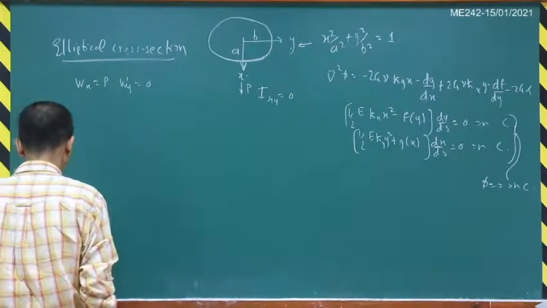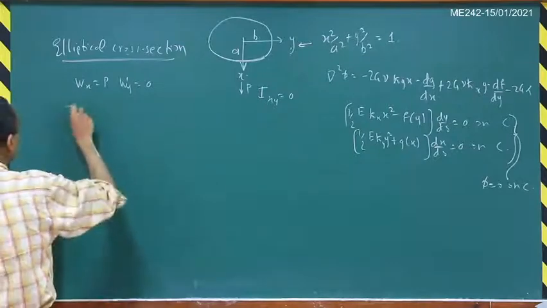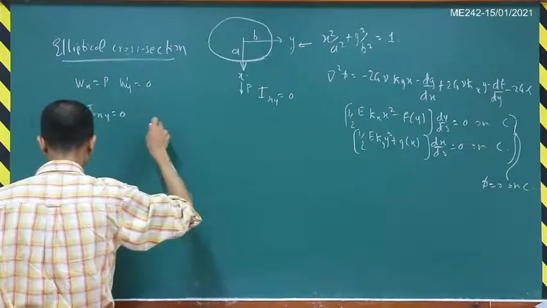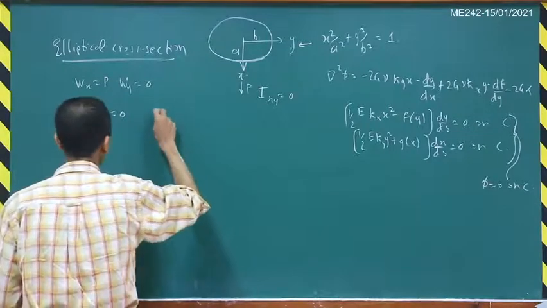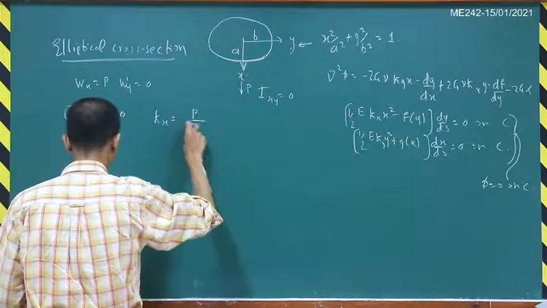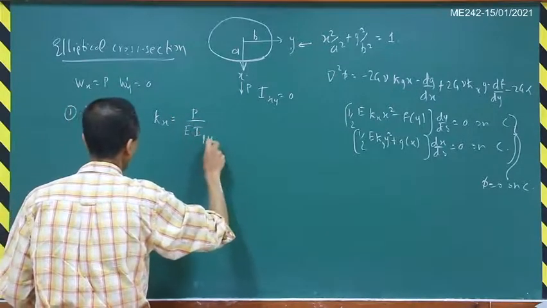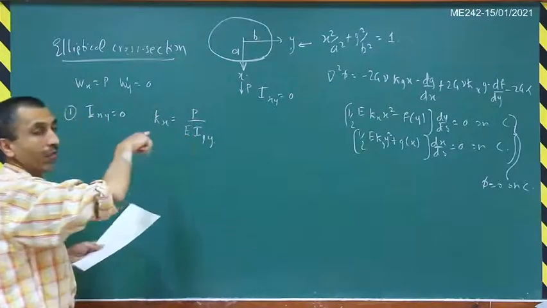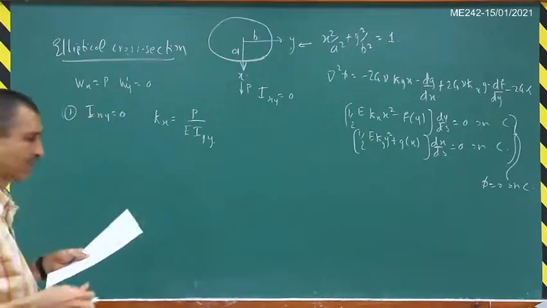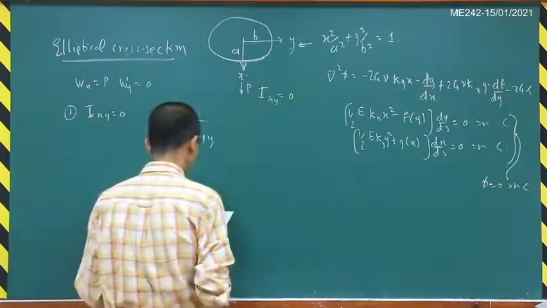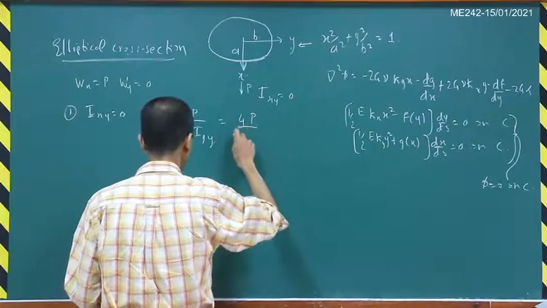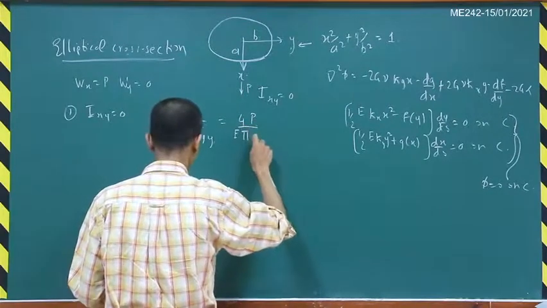So since Ixy is equal to 0, you will get that kappa x is equal to P divided by E times Iyy. So go back to the formula for kappa x and kappa y that I had derived in the first lecture in this particular topic, and this is equal to 4P divided by E pi a cube b.